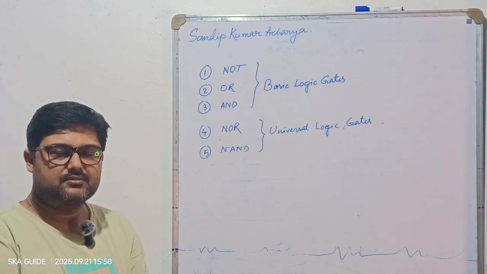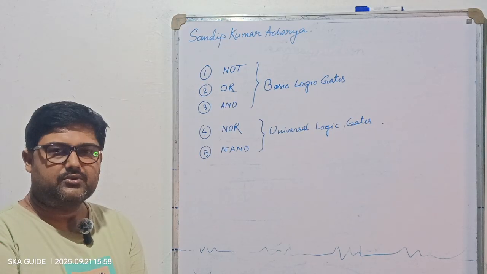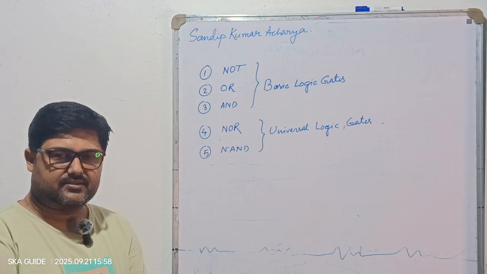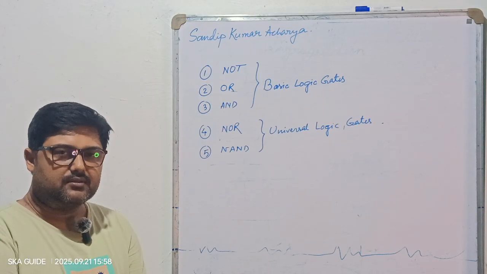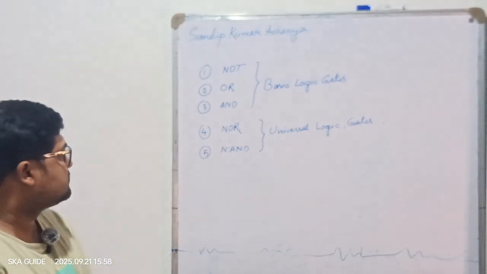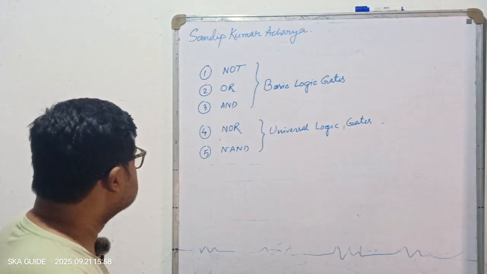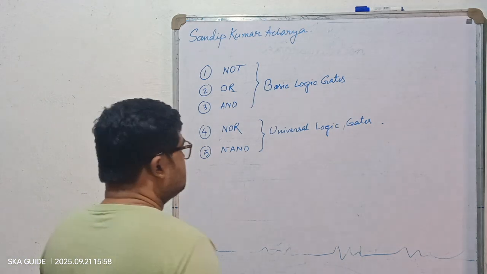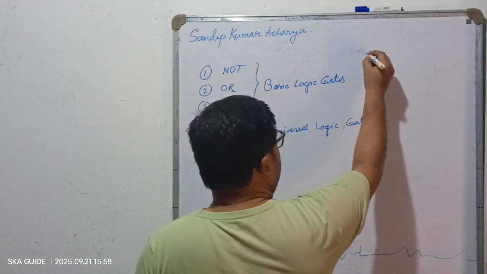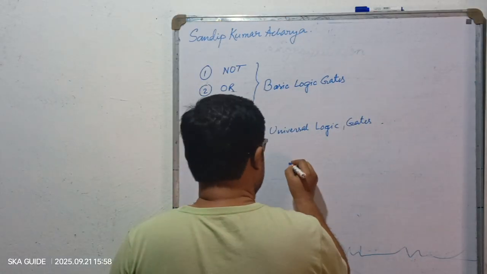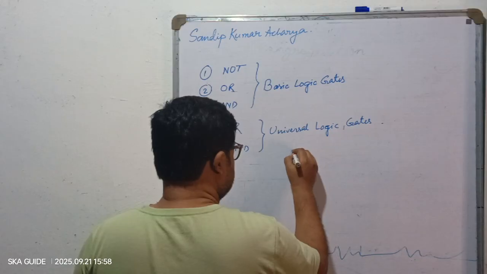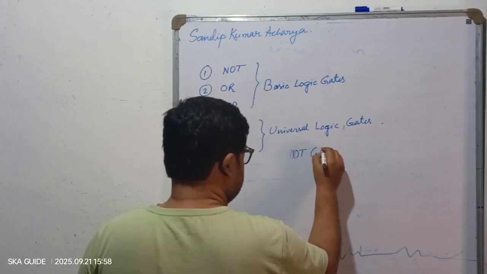Gates are nothing but electronic circuits which are having certain inputs, and depending on the inputs we have some outputs for all these gates. So first we discuss NOT gate.